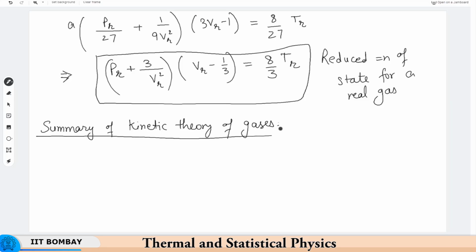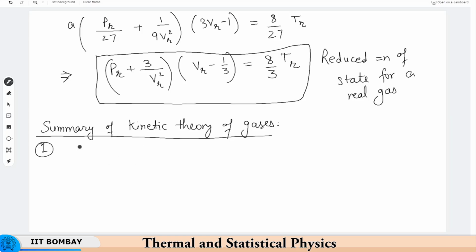Basically, we started with a very simple system, which is a collection of non-interacting, point-like, dimensionless molecules, and we saw that these molecules always exist in a state of gas, right? Because the contribution to the total energy is always kinetic energy.